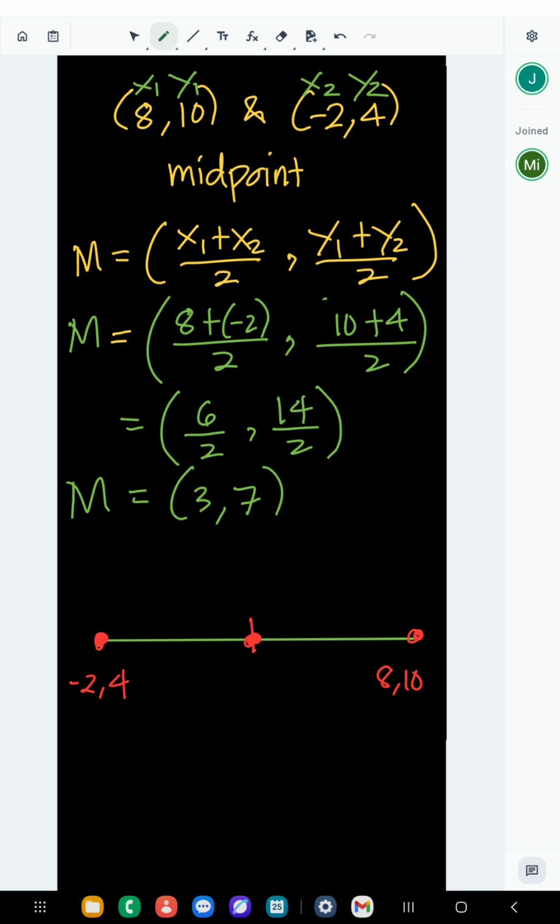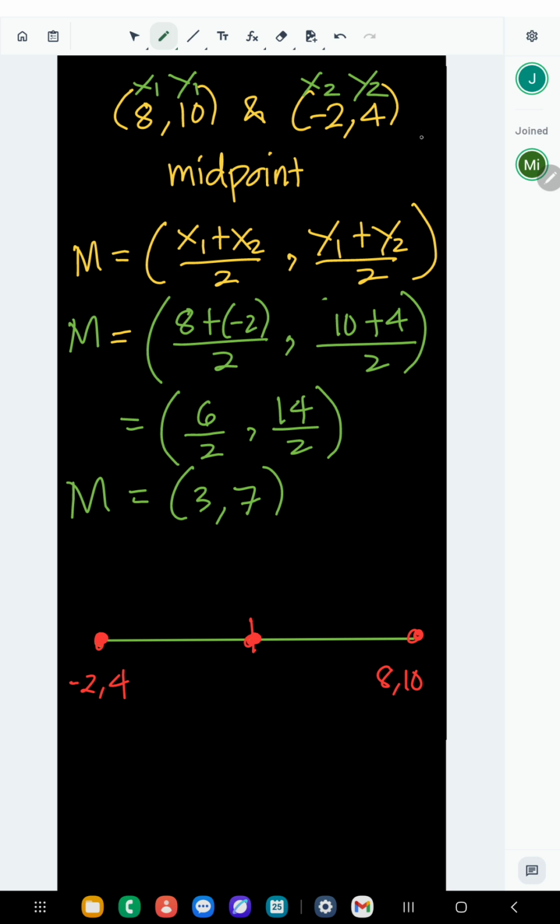It should be -7, right? Oh, where did I get 5? No, 8, 10, 8. It's -2. So 4 plus 10. Because I'm solving number 11. 8, 10, -2, 4. I'm solving number 11. So there is 8 plus -2 is 6 over 2.